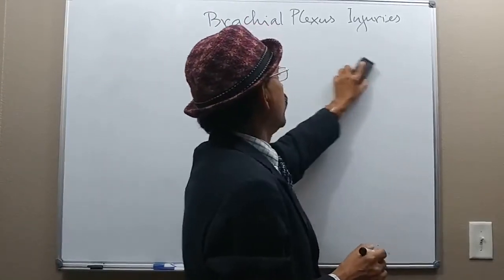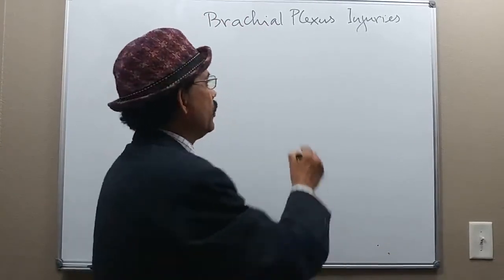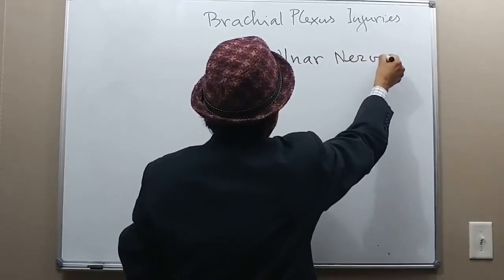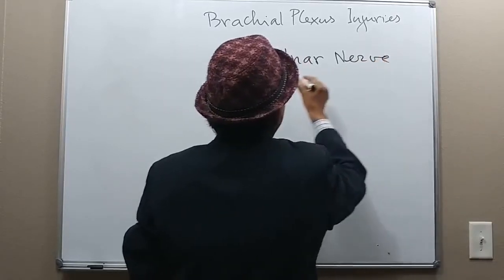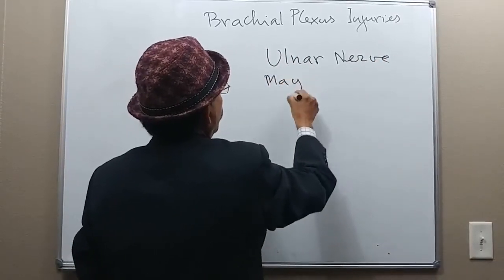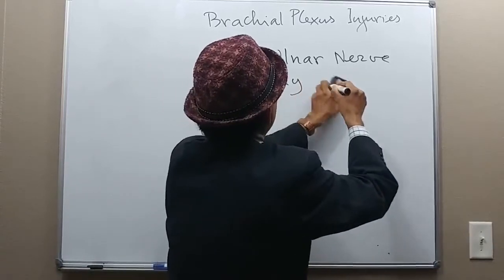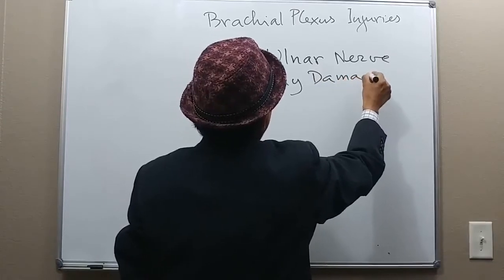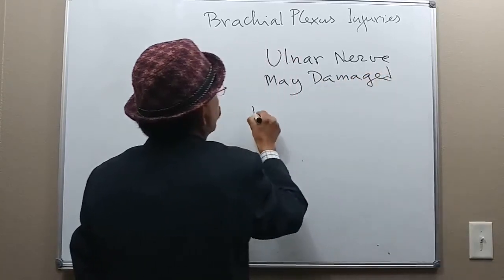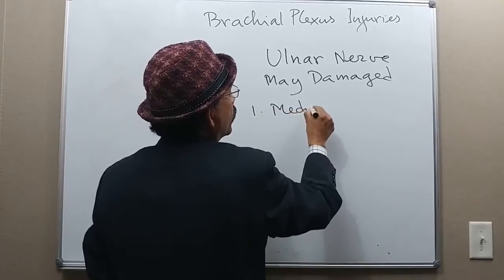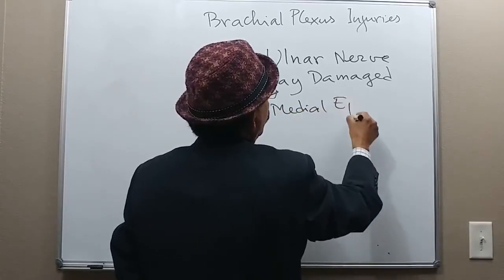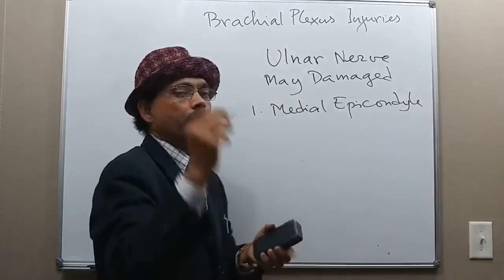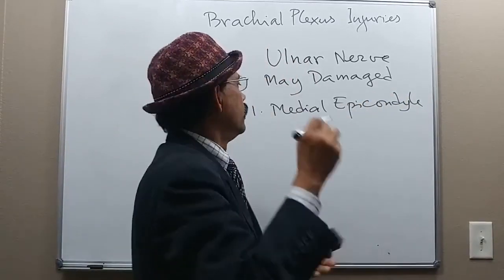Okay. Ulnar nerve may be damaged in multiple places, may be damaged anywhere. What are the sites? It may be damaged at the medial epicondyle area. Any injury to the medial epicondyle, the ulnar nerve is here.